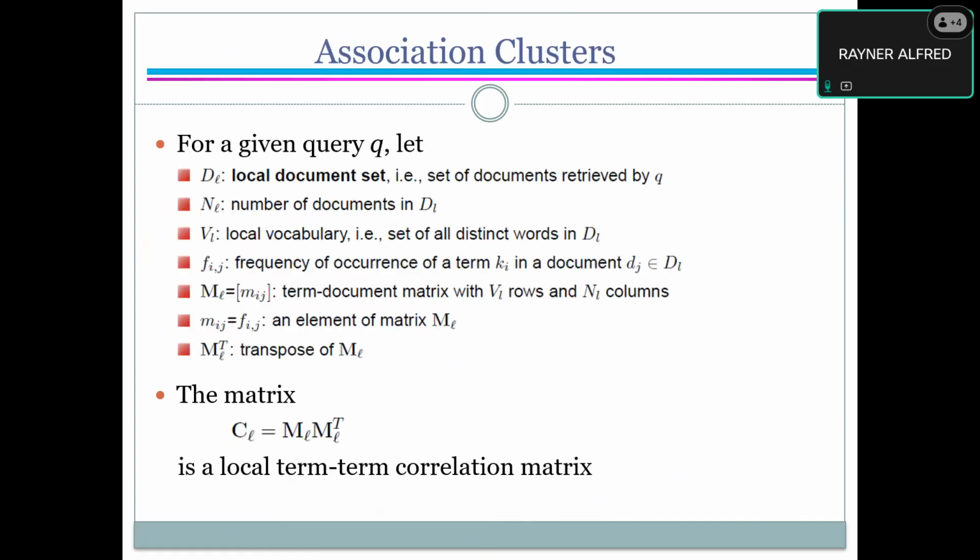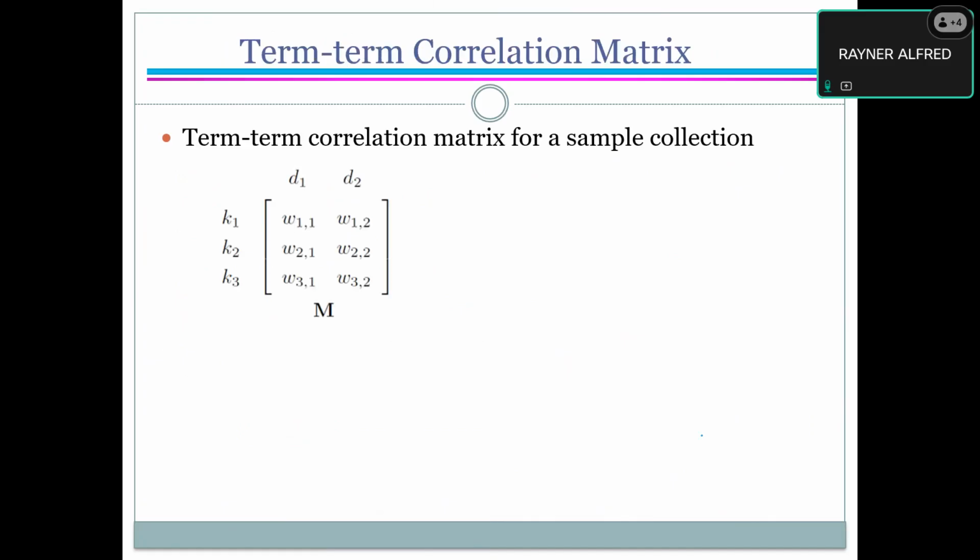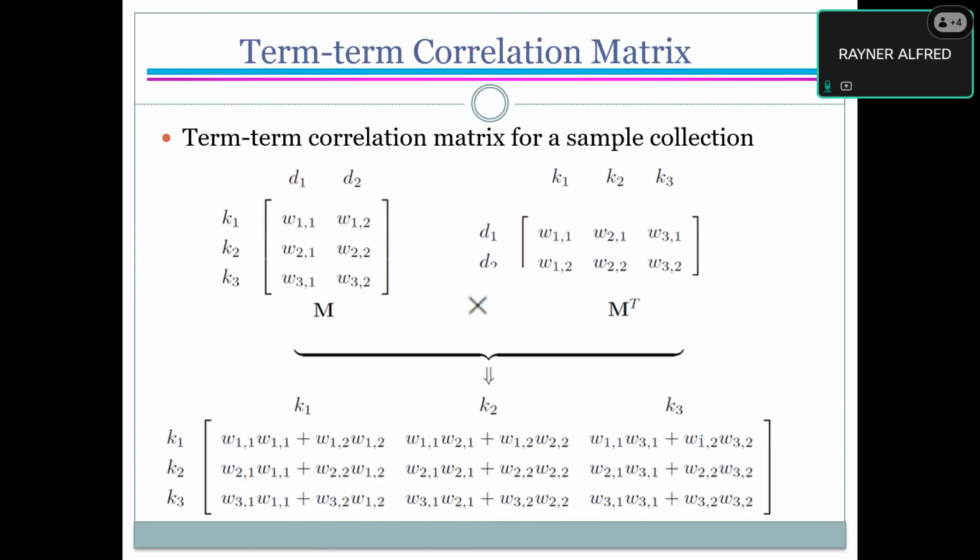Okay. So for example, this is the same definition that we use. We have this matrix, which is the term document matrix. And we take the transpose and multiply, and this is what we call the term correlation matrix. If you recall, we just transpose the matrix and do the multiplication.